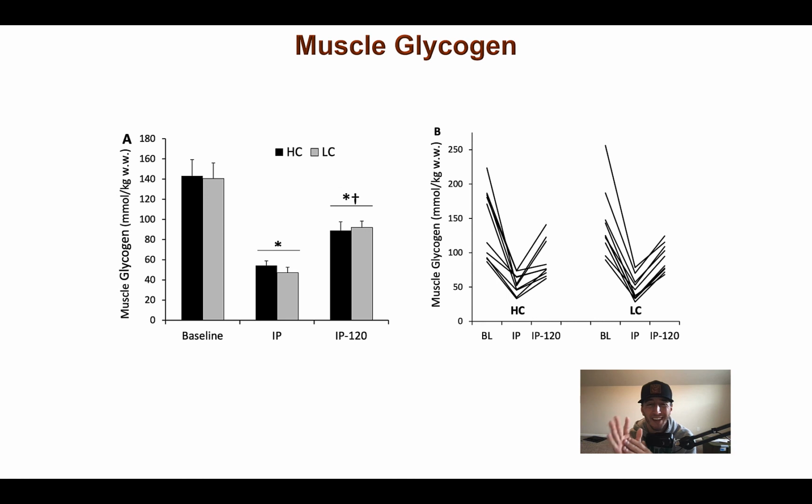So despite the fact that those high-fat guys weren't using or consuming carbohydrates, they were able to tap into them the same way that the high-carb athletes were. And what's really cool is the rate of resynthesis, their ability to go from all the way down here back up, was the exact same. So they were actually, despite not consuming carbohydrates, able to make carbohydrates from non-carbohydrate energy sources. That's a really cool finding.